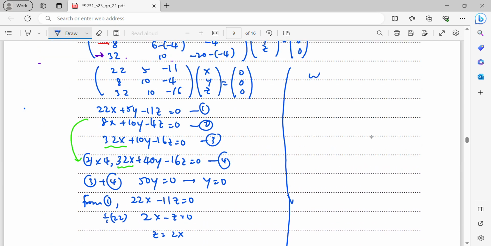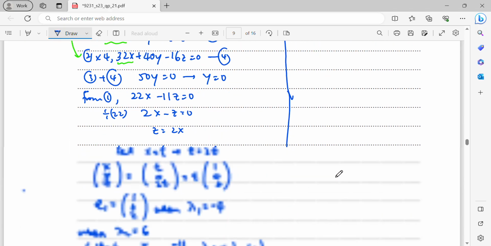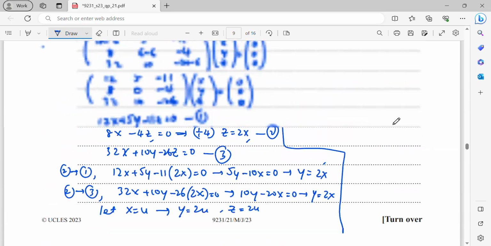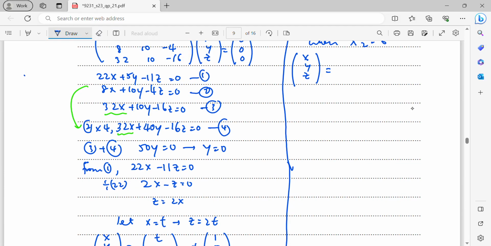When lambda 2 equals to 6, I will get xyz equals to u, 2u, 2u, which means now I factorize a u, 1, 2, 2. So my E2 is going to be 1, 2, 2 when the lambda 2 is 6.